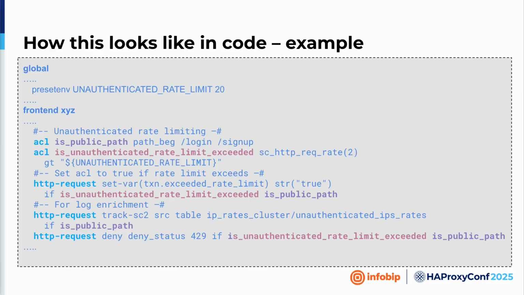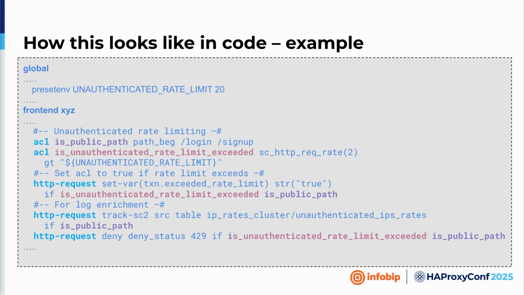Here is how it looks in the code. First you define that limit, then you define an ACL. Here we are just looking at the paths that begin with login or sign up.